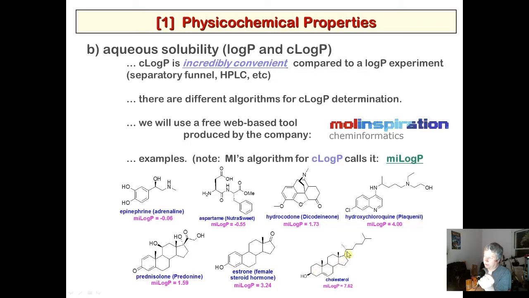It's a steroid with a big long greasy chain, and the Mi log P or C log P is like 7.6. So this is almost the extreme of a greasy molecule. Cholesterol gets stuck into biological membranes, and it's actually a membrane component along with other things in the bilipid membrane.